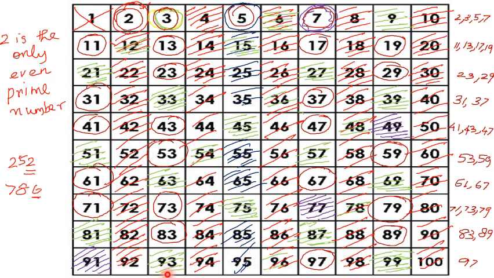This is the longest run. Anywhere else you cannot see so many composite numbers between two prime numbers. Here 42 is the only composite number between two primes. Between 53 and 59 you have 3 plus 2, 5 composite numbers. But between 89 and 97, how many composite numbers are there? 1, 2, 3, 4, 5, 6, 7 composite numbers.